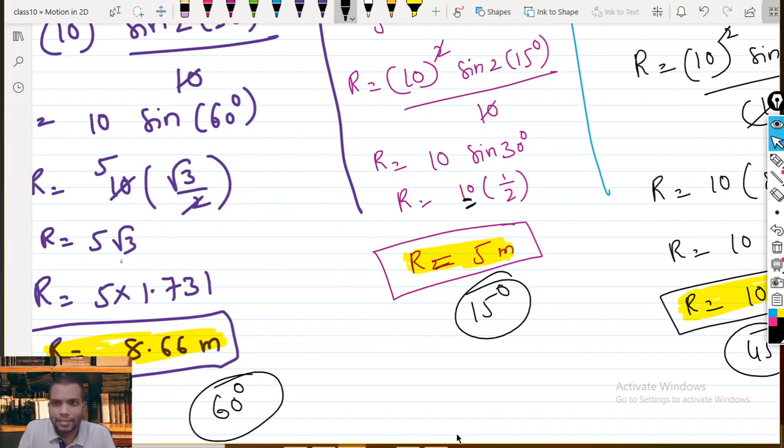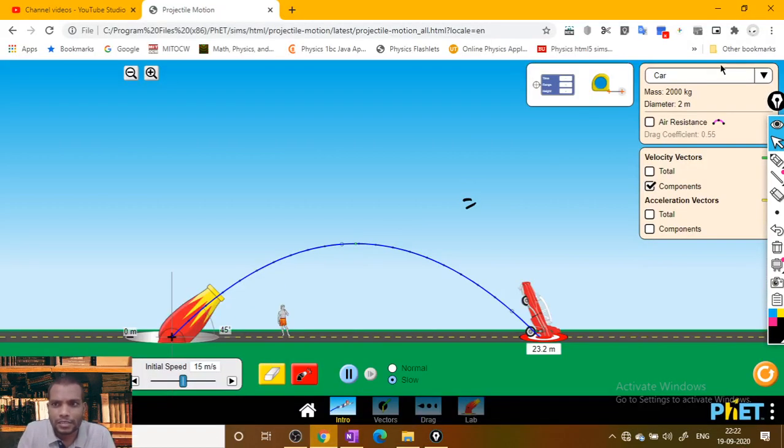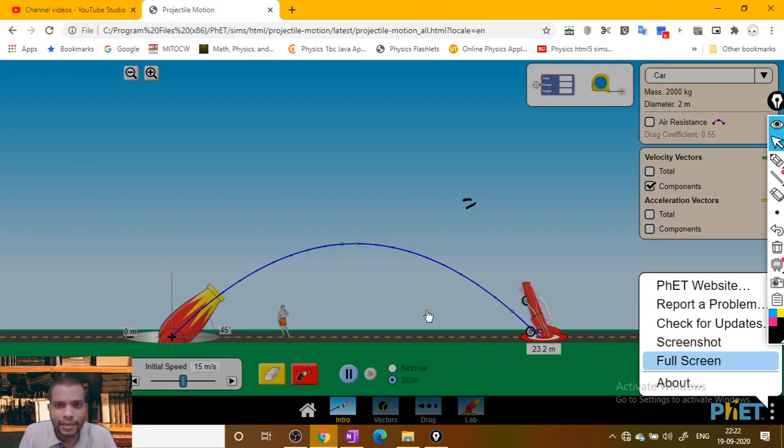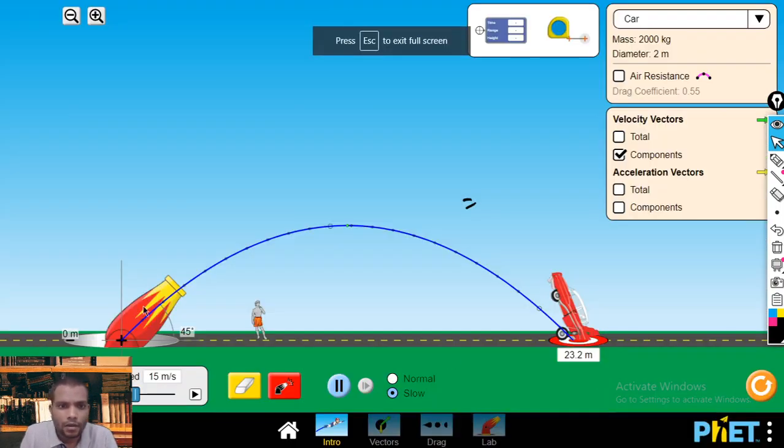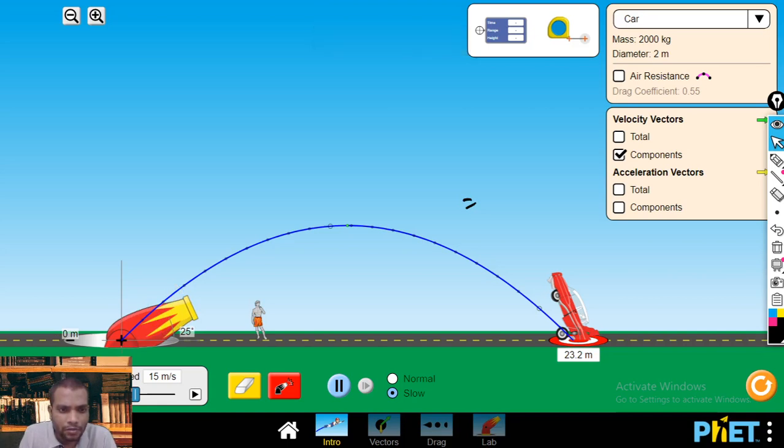Let us observe that. Suppose I project with the angles I have calculated here. I cannot take 15 degrees because of the height problem here. The maximum I can get is only 25 degrees.